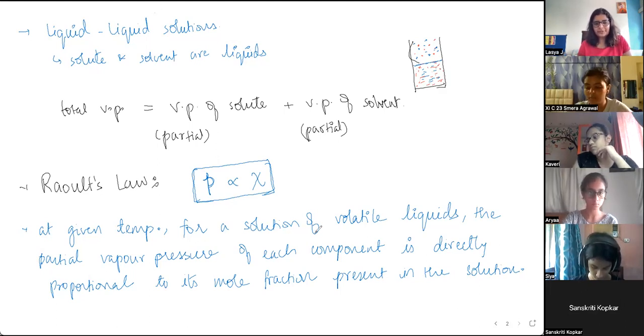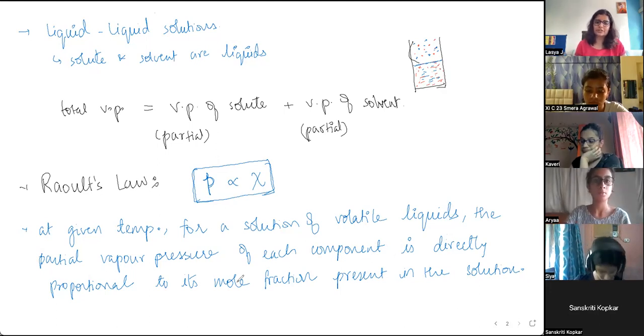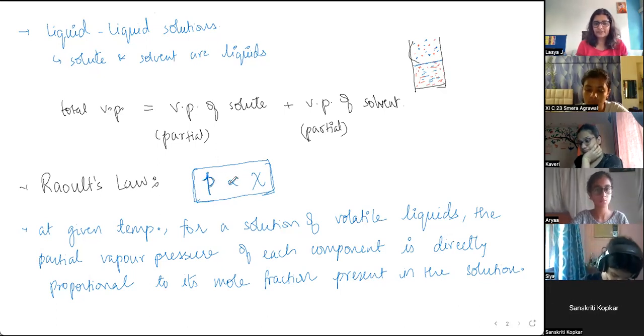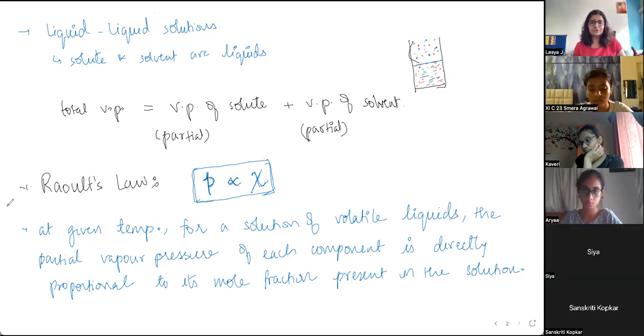Again, this is pretty straightforward. It's just this little thing put in multiple words. So at a given temperature for a solution of volatile liquids, since they're volatile, both components are going to have definite vapor pressures. So each component's partial pressure is directly proportional to its mole fraction. Whichever is in higher proportion will dominate vapor pressure wise also, quantity wise.